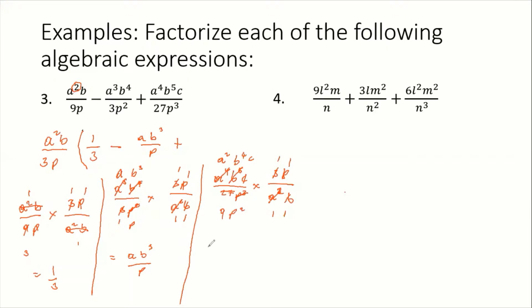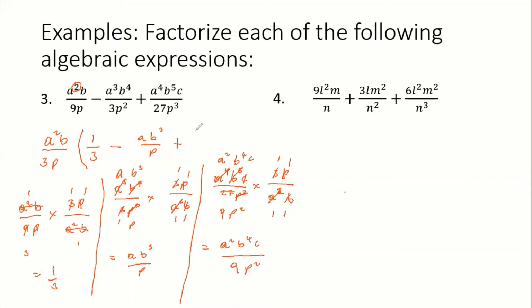So what we're left with as our answer would just be a squared b to the fourth c all over 9 p squared, and that will give us our third term.